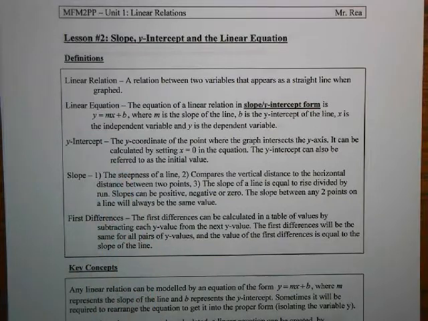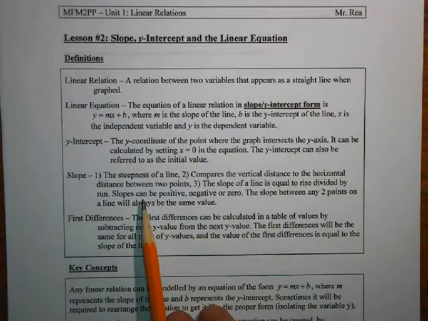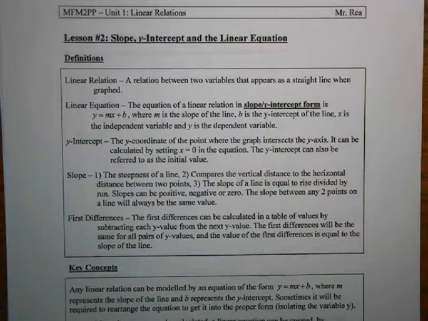So on the graph, the y-intercept is where our line intersects with the y-axis, and that point will be the y-intercept. So that's going to be something we're looking at. And the slope, there's a few definitions. If you're looking at a graph, the slope basically defines how steep the line is.